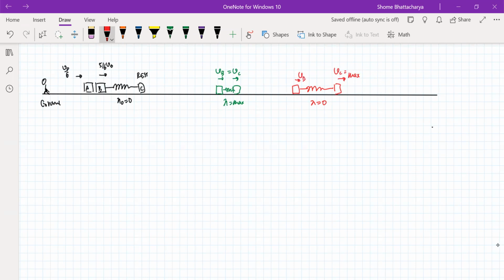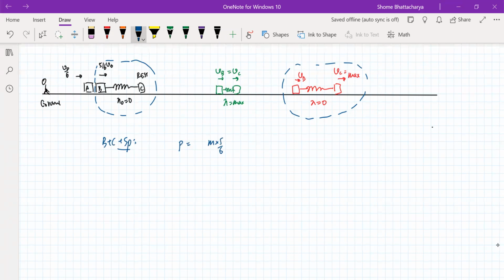So if we compare this and this, you can see that for B plus C plus spring as a system, linear momentum is M into 5 by 6 V naught plus 0 in this case, and that is equal to, in this case, M into VB plus 2M into VC, where this has reached its maximum value.